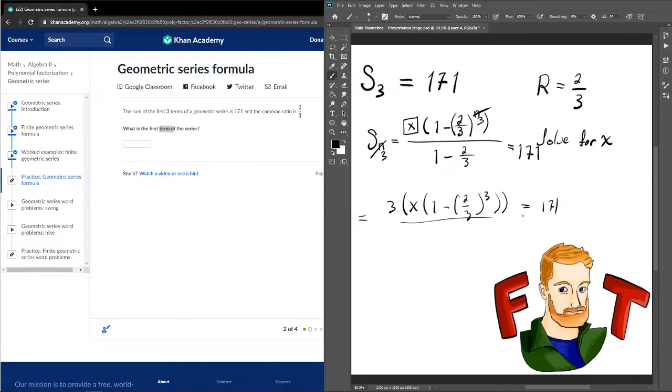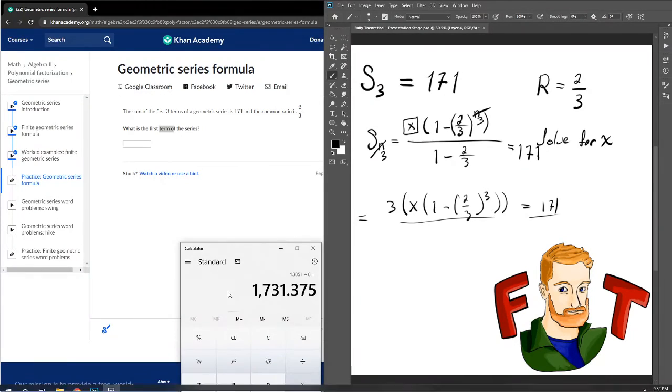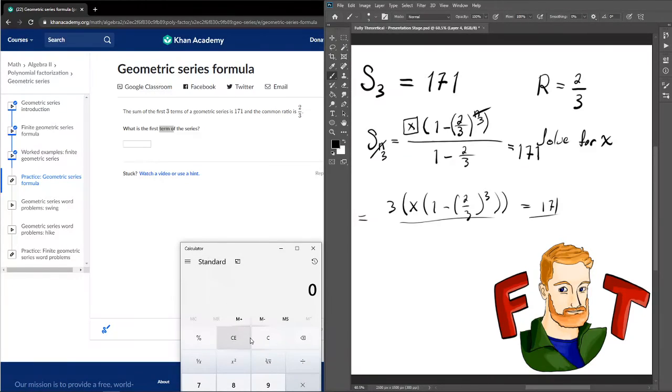Now I can divide both sides by 3, which we did before, which I think was 56. Where's that calculator at? See, this is where math gets confusing.